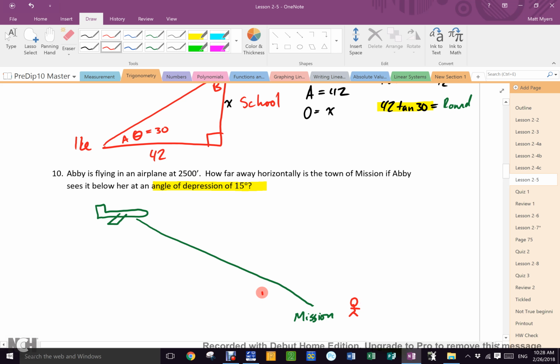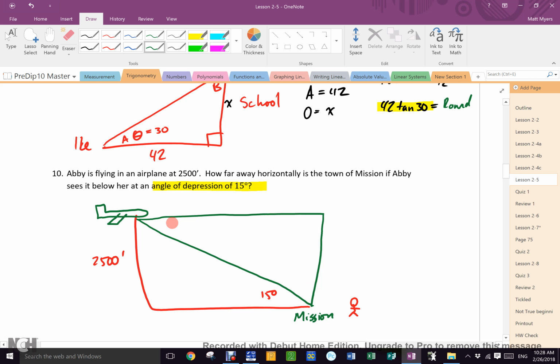So I could have 15 with me looking out and up to her. And how far is she in the air? 2,500 feet. Or Abby could look out the window first to establish the baseline, and then down to the town of Mission with a 15 there. And that would be 2,500.